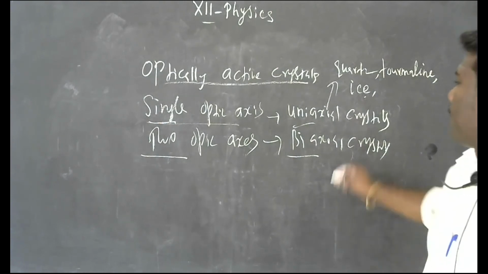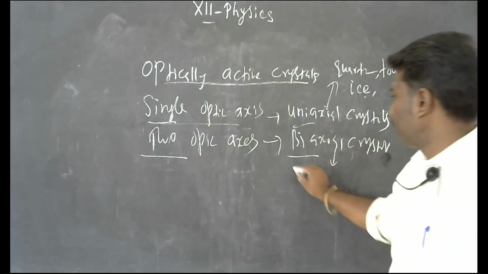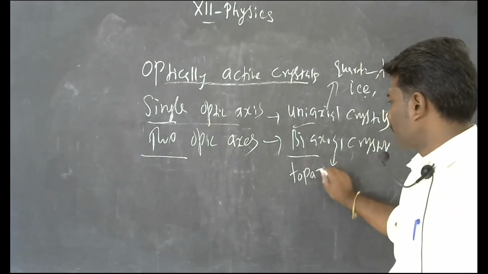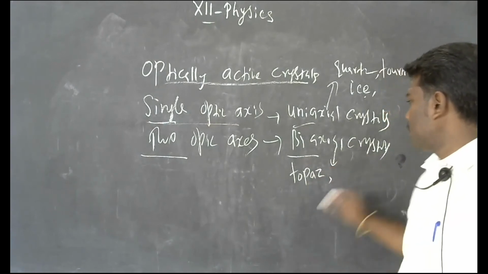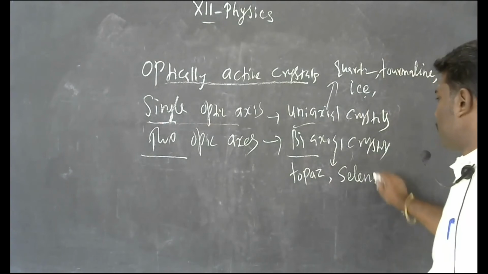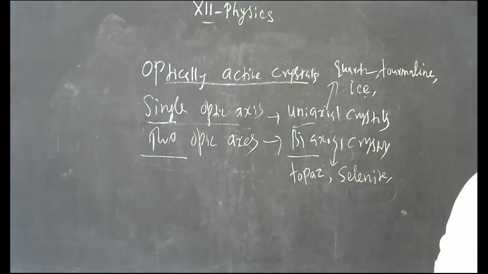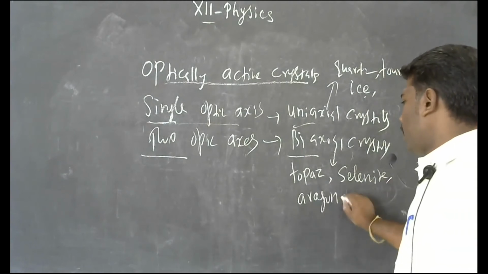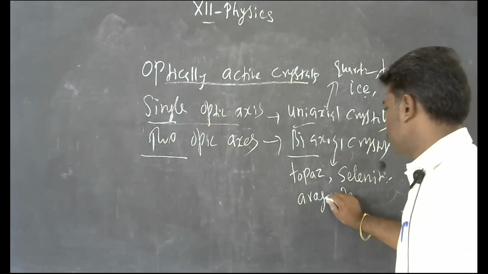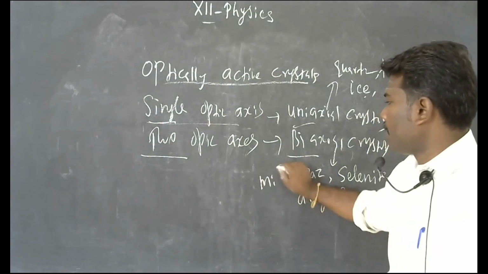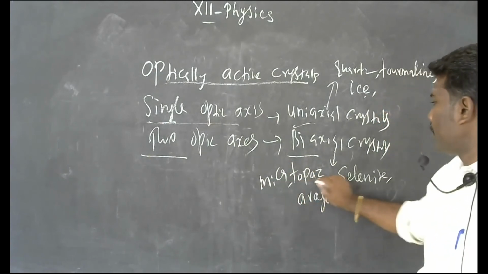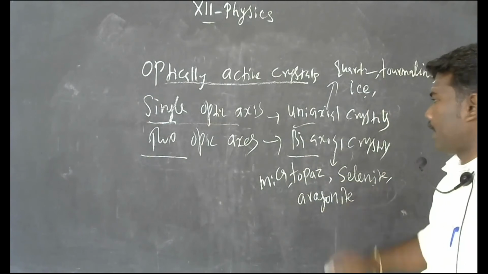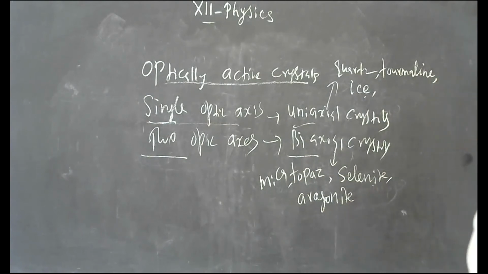Okay. And for biaxial crystal, topaz, selenite. These are the examples related to the biaxial crystal. And one more example for this case, aragonite, and we can add mica, topaz, selenite and aragonite as examples for the biaxial crystal.